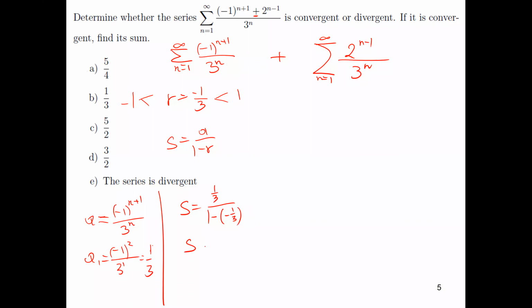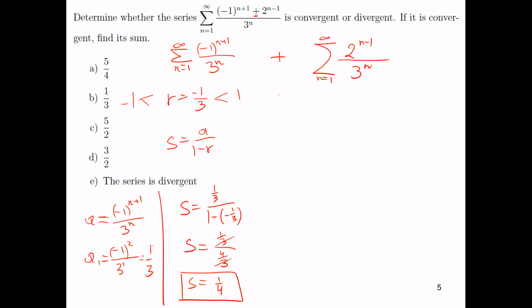Let's compute the sum. That is 1/3 over 4 over 3, and then I think we can multiply by 3. I've got 1/4 for this one. Am I right? 4 over 3, and then we flip the numbers, and it will be 1/4.